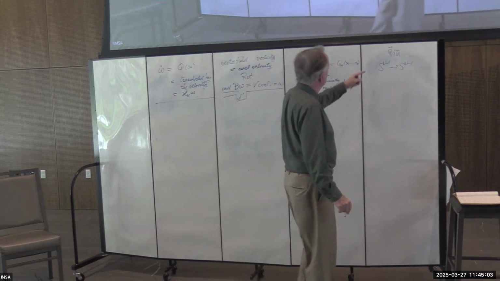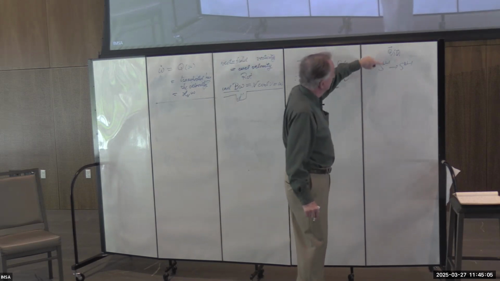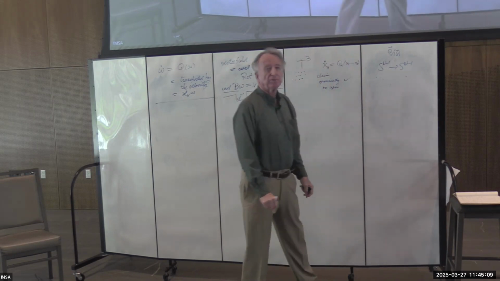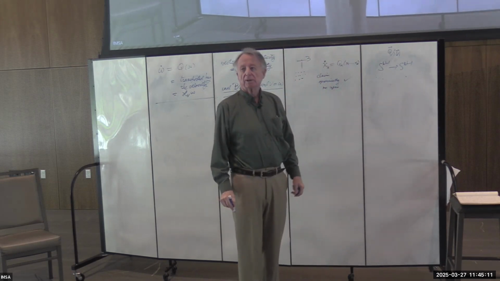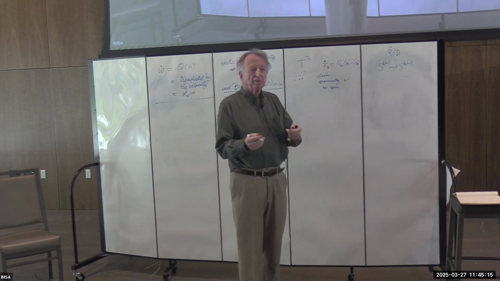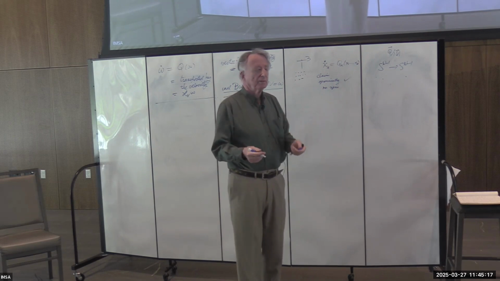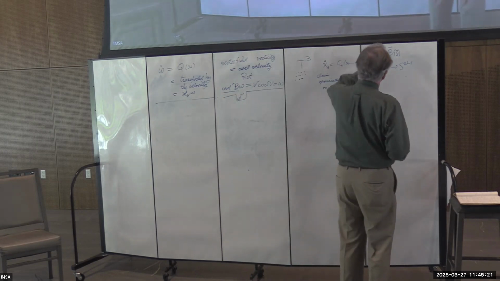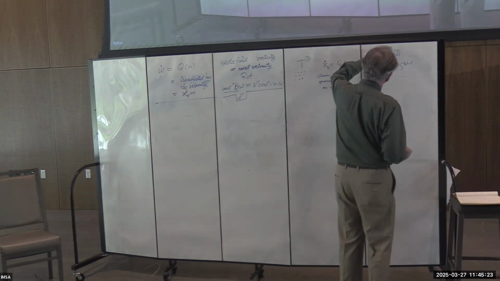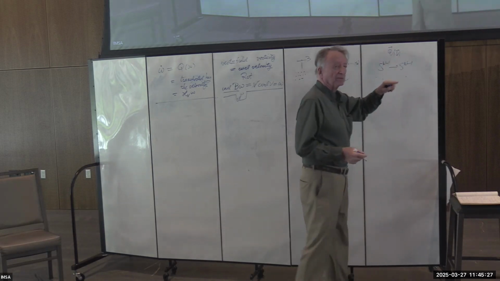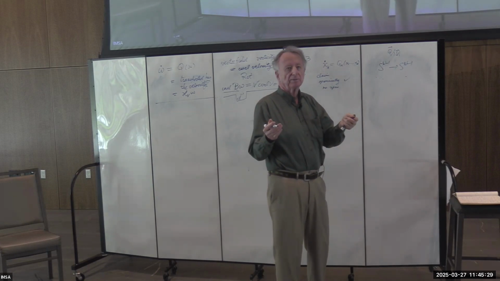But it sends antipodal points on the sphere to single points on the sphere. Q of X equals Q of minus X, because it's quadratic, it's like X squared, right?